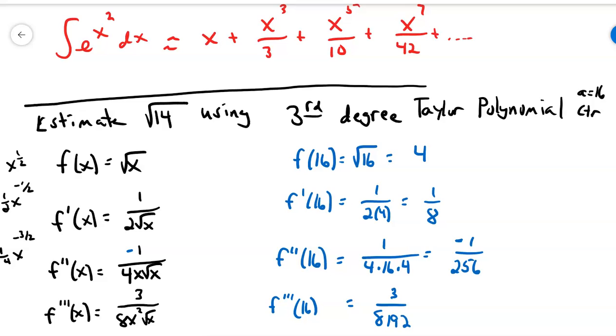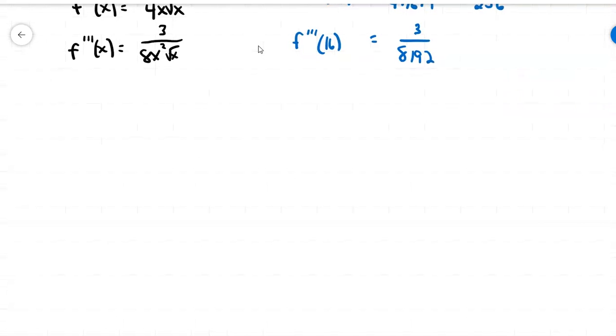All right, so keep those 4 coefficients in mind: 4, 1/8, negative 1 over 256, and 3 over 8192. Those are the coefficients I'm going to need when I set up this polynomial. All right, so third degree polynomial for the square root of x goes like this.